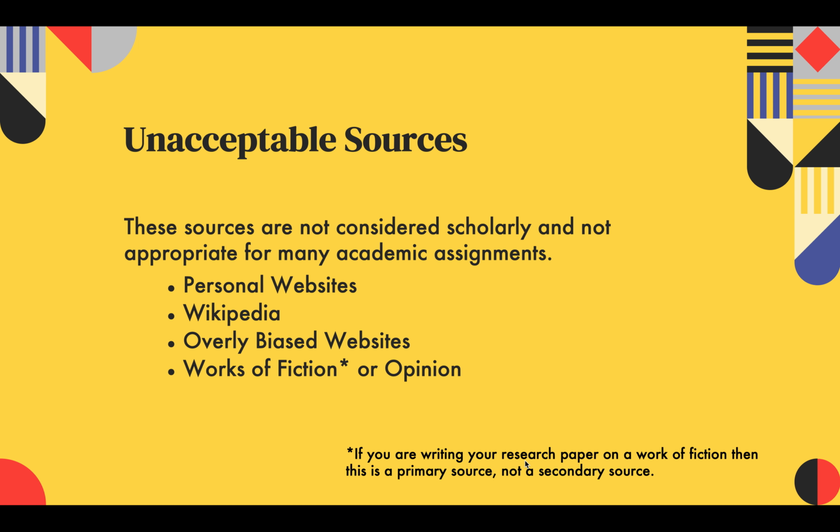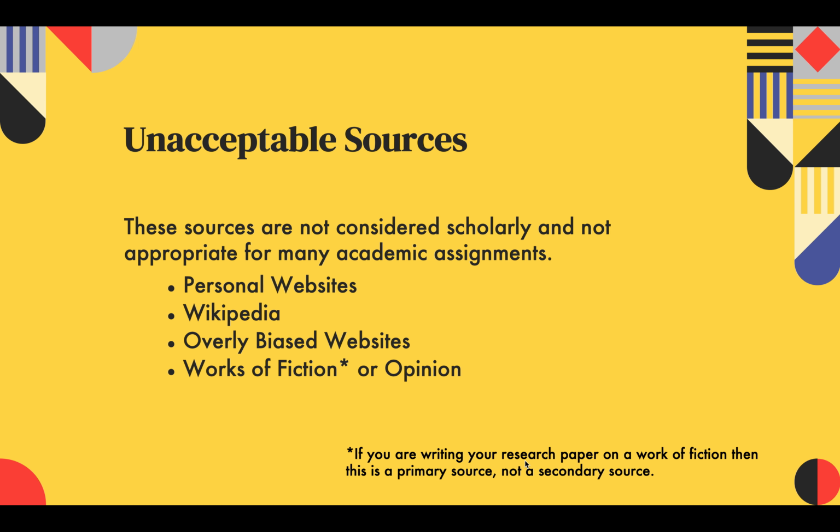You want to stay away from overly biased websites, and you want to stay away from works of fiction or opinion in terms of using them as research. If you're writing about them, that's totally fine, but that would make it a primary source, not a secondary source. But I'll give you an example.